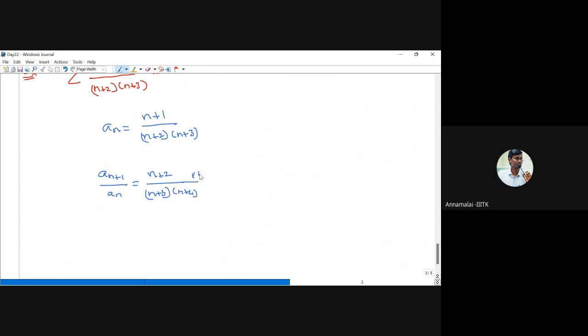Therefore this is nothing but n plus 2 into n plus 3 by n plus 1. This is because by an means you have to reverse it. Now we can cancel n plus 3, n plus 3. In the denominator, n plus 2 whole square, you can take n outside, therefore we get n square. Therefore we get 1 plus 2 by n whole square.